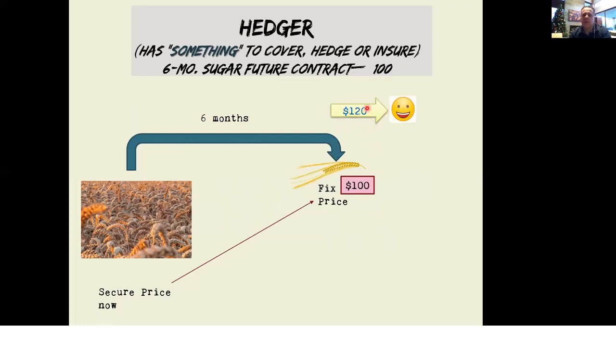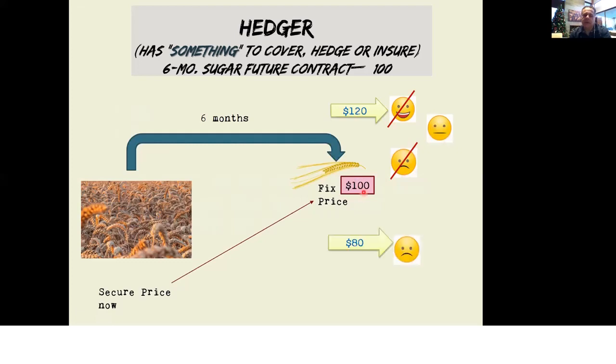Of course, as we saw on the previous slide, that's good for you because you own the wheat. However, you fixed the price at 100, so instead of receiving 120, you will receive 100. In some sense that makes you sad. So these cancel each other out and you end up with a neutral position. Your underlying gained in value, but your derivative contract pays you less because you fixed the price beforehand.